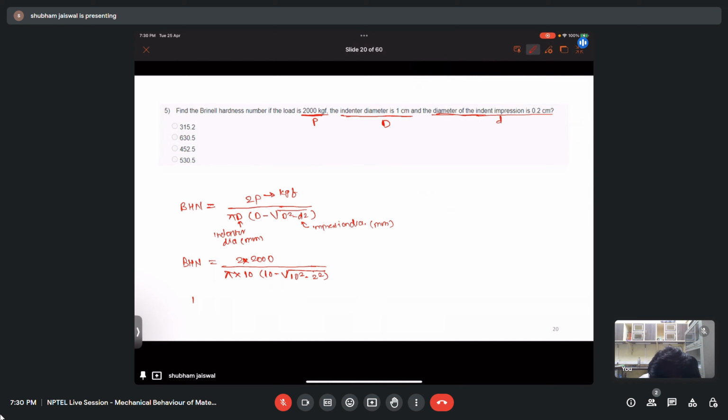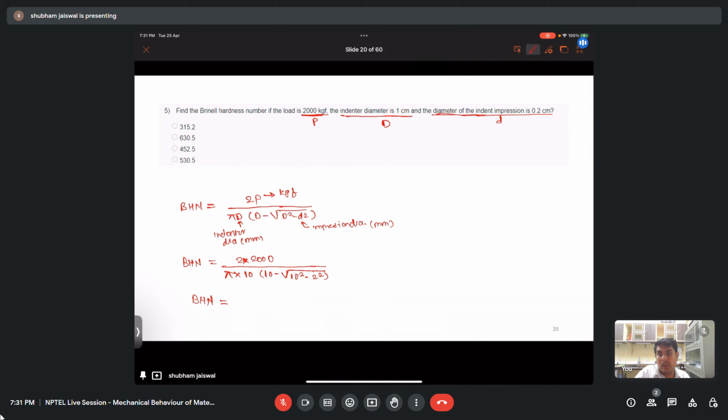Now tell me the Brinell hardness number. I will calculate as well. 2 into 2000 divided by pi into 10 into 10 minus the square root of 10 square minus 2 square.